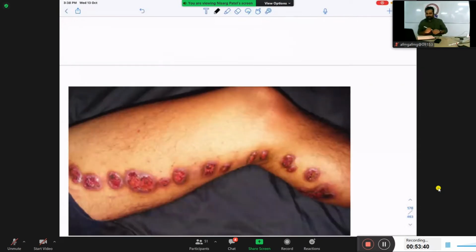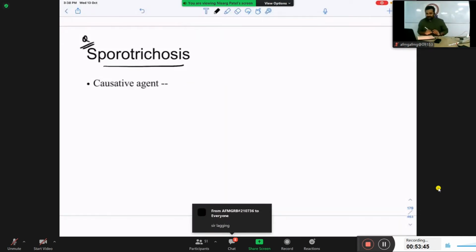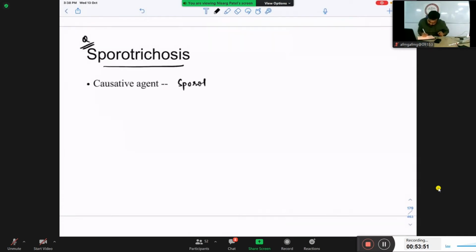So we will know about sporotrichosis. This MCQ has previously been asked: what is the causative agent of sporotrichosis? The fungus is Sporothrix schenckii.